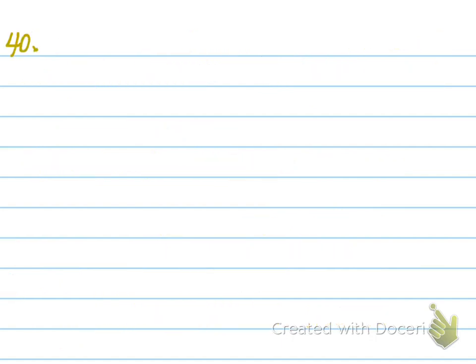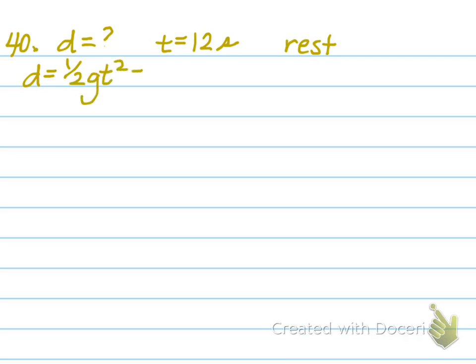Number 40. Calculate the vertical distance an object dropped from rest would cover in 12 seconds if it fell freely without air resistance. So vertical distance is asking about distance, and we know that it's starting at rest, so we can use that equation D equals 1/2 GT squared.